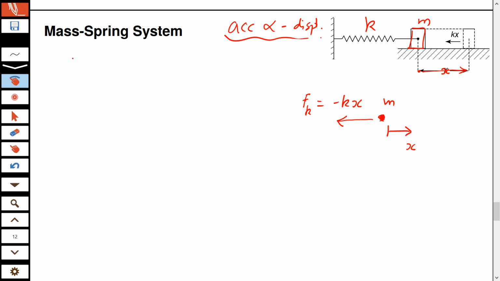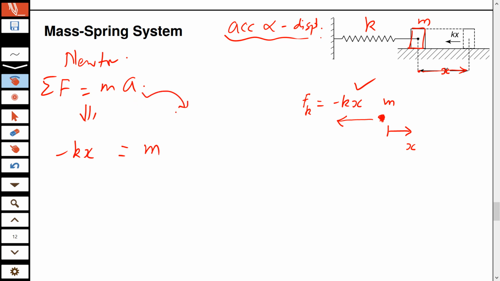तो अब मैं Newton's law अगर लिखना चाहता हूँ, how do I write Newton's law? The net force must equal m times the acceleration. So let's just apply this. What is the net force here? Minus k x, because that is the only force on this mass, rigid body of mass m. The spring force is the only force. Mass इसका m है, and what is the acceleration?